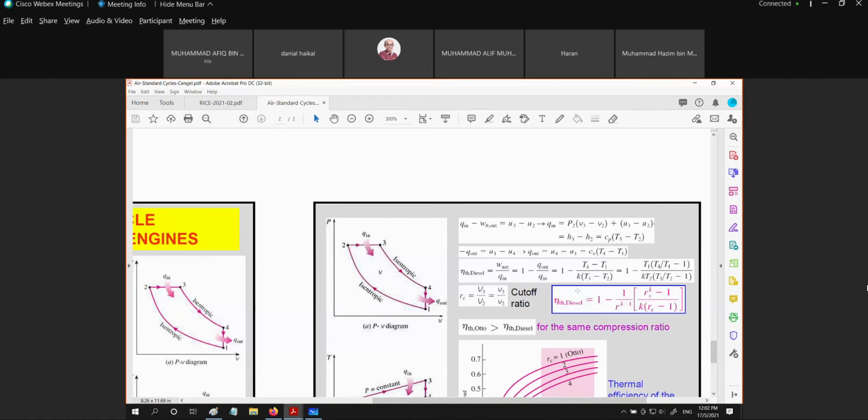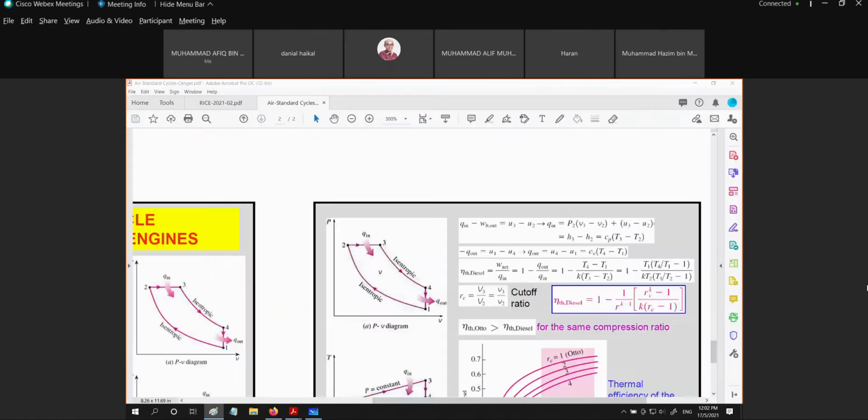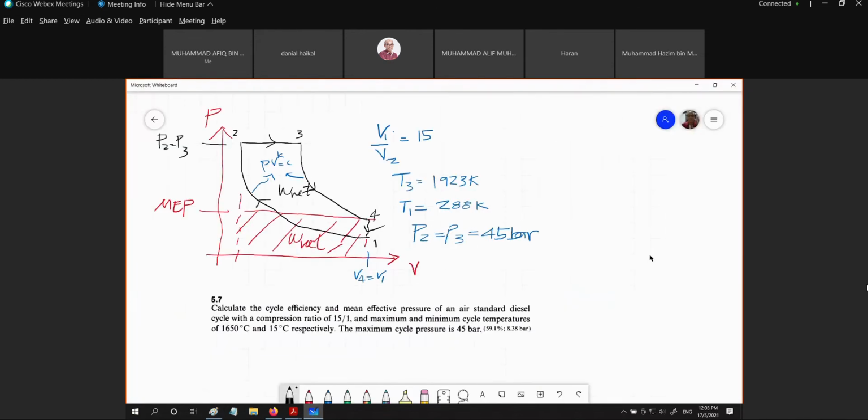We try to look at this equation first, before we look at the basic formula for the thermal efficiency. So we need the RC and R value.